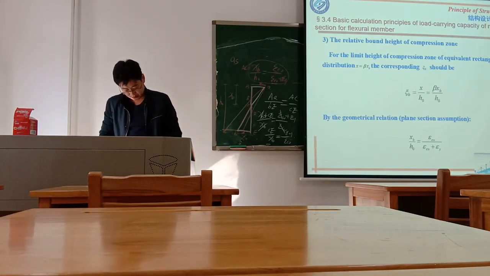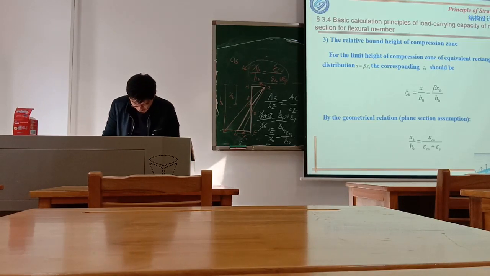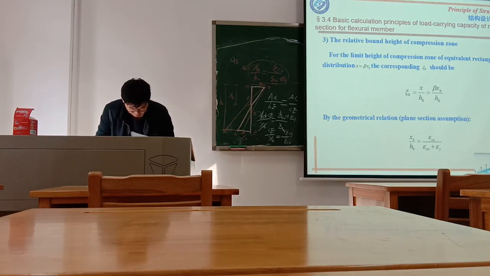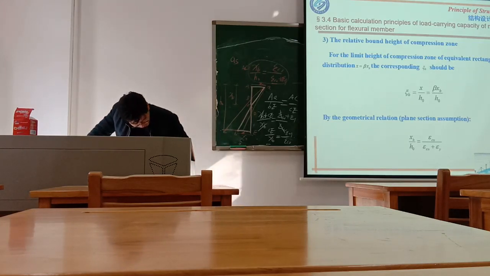I think the two conditions are different. Or maybe the X represents two different things. No, he said it's the same, but the cases are different. The first one is the boundary condition, where it's the height of the concrete. But the second time, they say the limit height of the compression zone is the compression zone of the equivalent rectangular stress distribution.